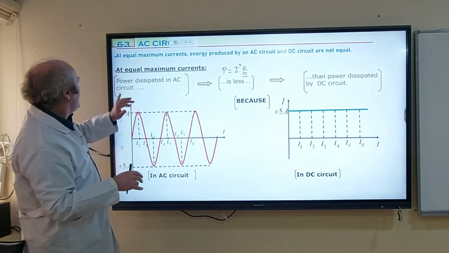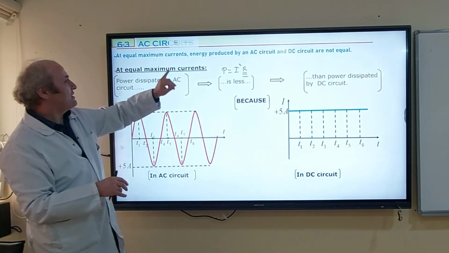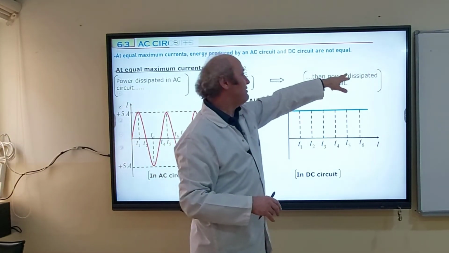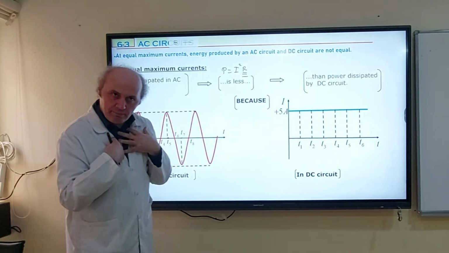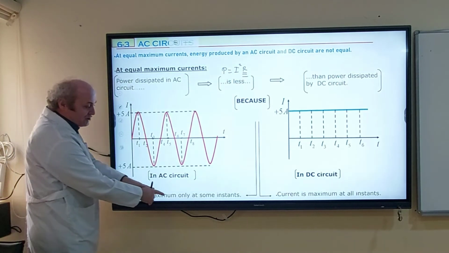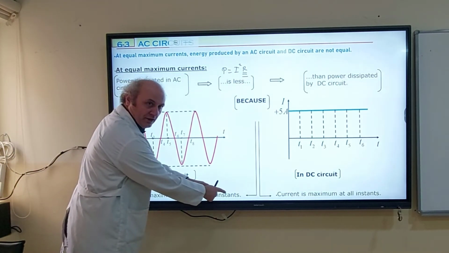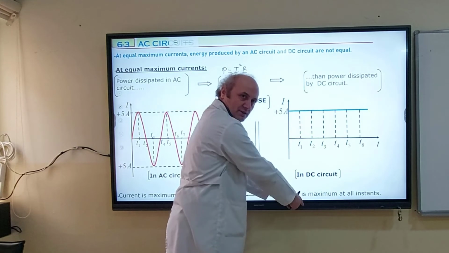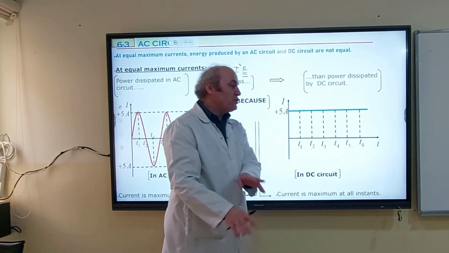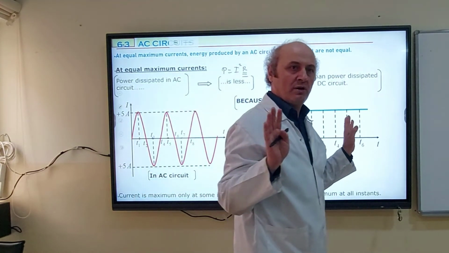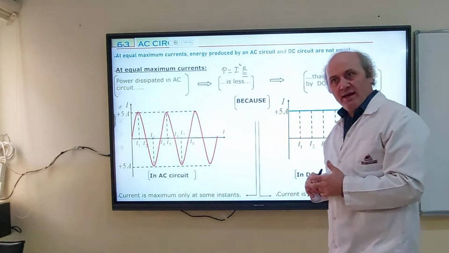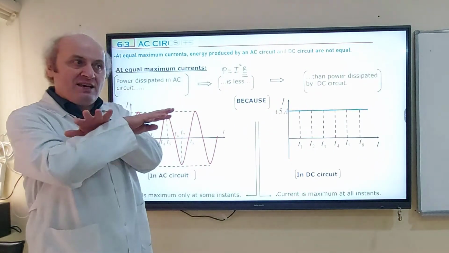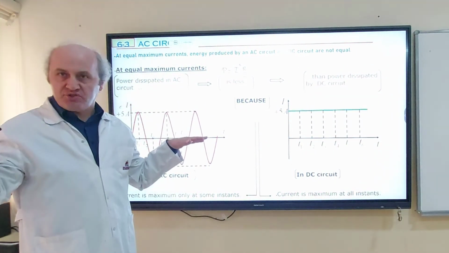Power dissipated in an AC circuit is less than power dissipated by a DC circuit because current is maximum only at some instants, but in a DC circuit, current is maximum at all instants. That's why a DC circuit will have greater power than an AC circuit if we keep their maximum currents the same.